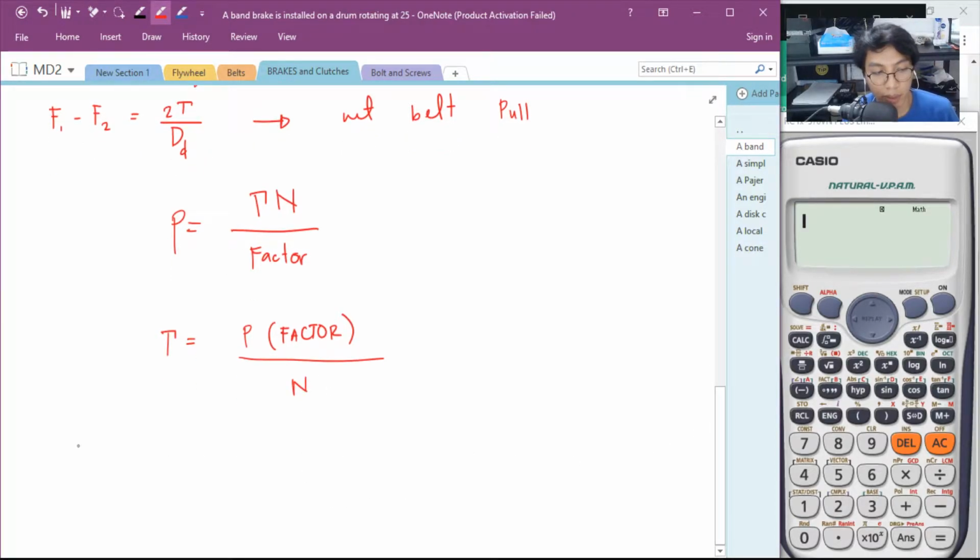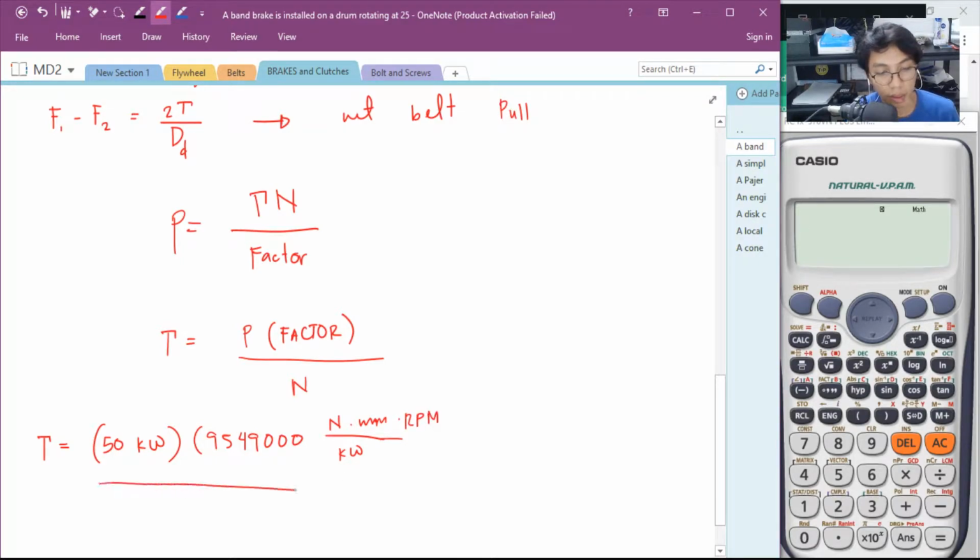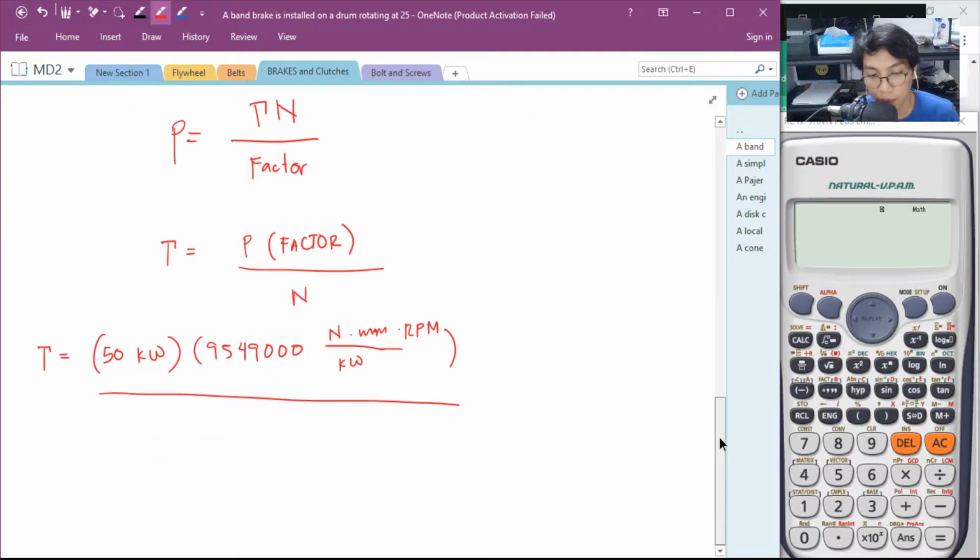Okay. So, torque now will become P. What is your power? 50 kilowatts. Multiplied to factor 9,549,123 Newton millimeter per kilowatt. Tapos ang RPM nandito. Divided by, ilang RPM yan? 250. We cancel all the same units.